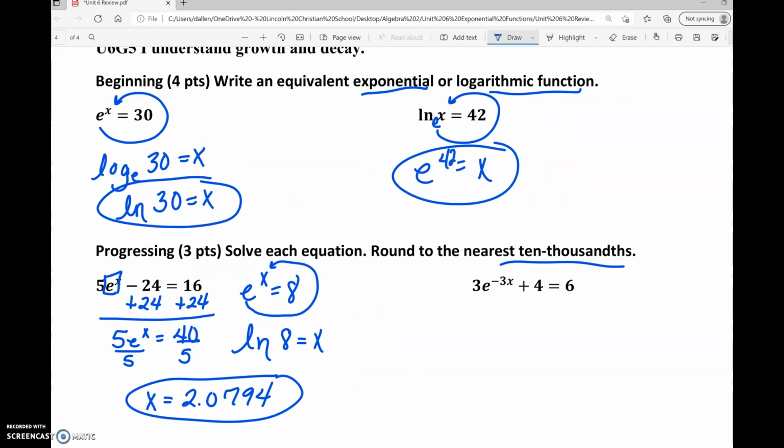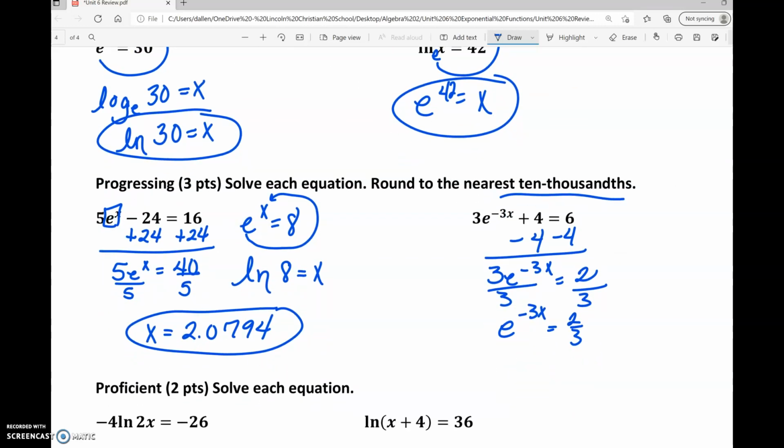Same process here, get the e to the x by itself. So I have 3 e to the negative 3x equals 2, divide by 3, e to the negative 3x equals 2/3. This one we have a little bit more, so we're going to put it in natural log. So I'm going to go up here with this.